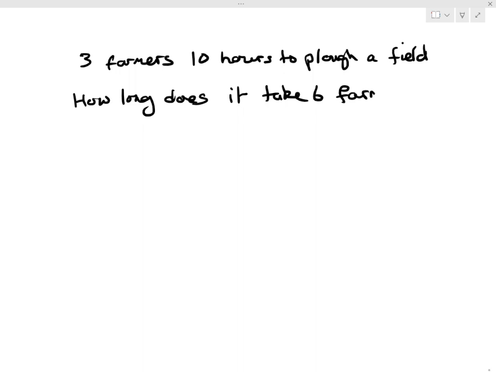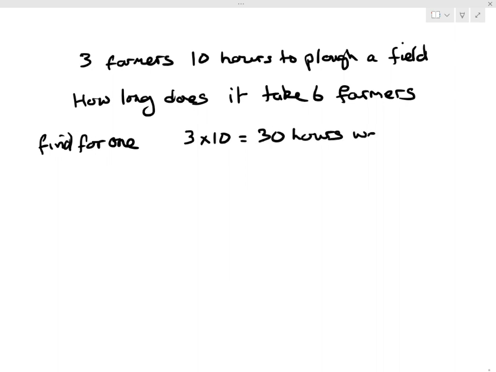Easy. Twice as many farmers, half the time. But never mind, we'll do this find for 1. So 3 farmers times 10 hours equals 30 hours of work. You're going to throw 6 farmers at the job, so 30 hours of work divided by the 6 farmers equals 5 hours. It's half as long, because there's twice as many.